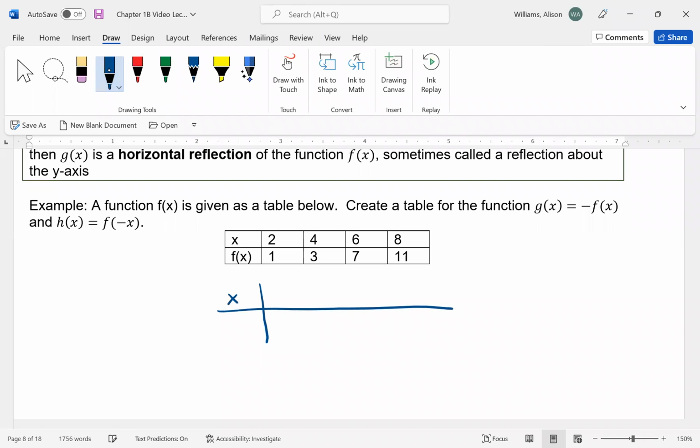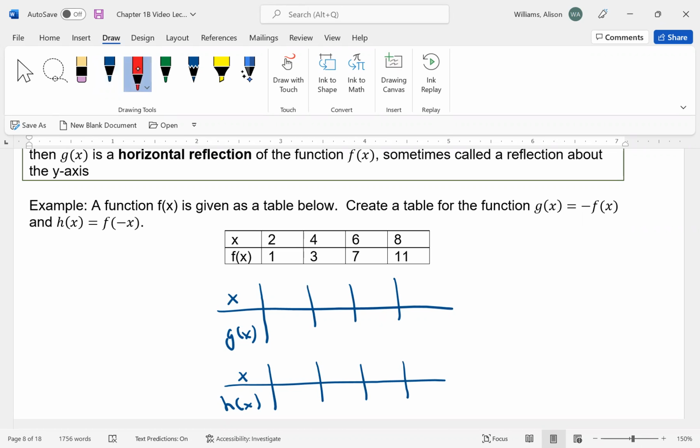So x, and then let's see, we have a g of x, and then we have an h of x. Okay, so for g of x, we are applying the negative to the outputs. So all of the inputs remain the same, but the outputs become negative.